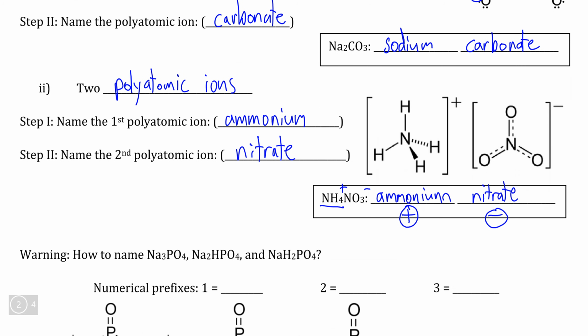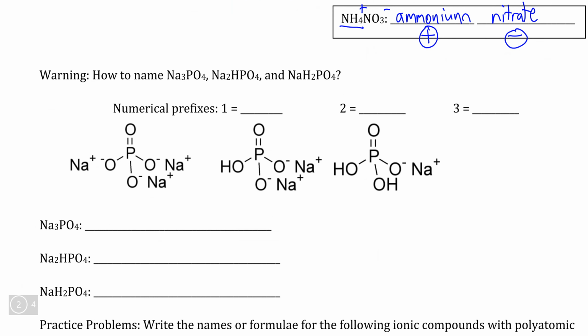Now, if we take a look below, we can see that polyatomic ions get a little bit complicated. If we look here, all 3 of these are examples of sodium joined with very similar looking polyatomic ions. We can see here that the base polyatomic ion is PO4, and because there are 3 sodium ions, remember sodium has a charge of +1, and +1 times 3 is +3, which means to balance this charge, PO4 would need a charge of -3.